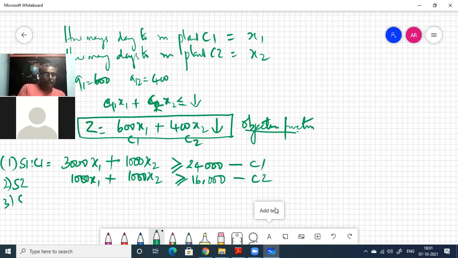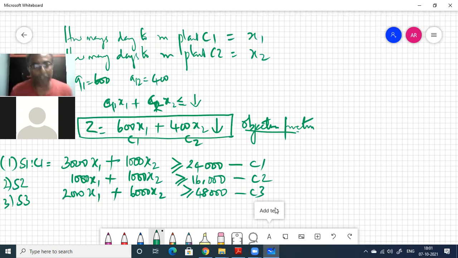Same way, the demand for S3 is very great. Demand for S3 is 48,000 bottles. How will you manufacture? If you are putting X2 days, then it is manufacturing 6,000 units per day, and factory 1 is manufacturing 2,000 units each day.